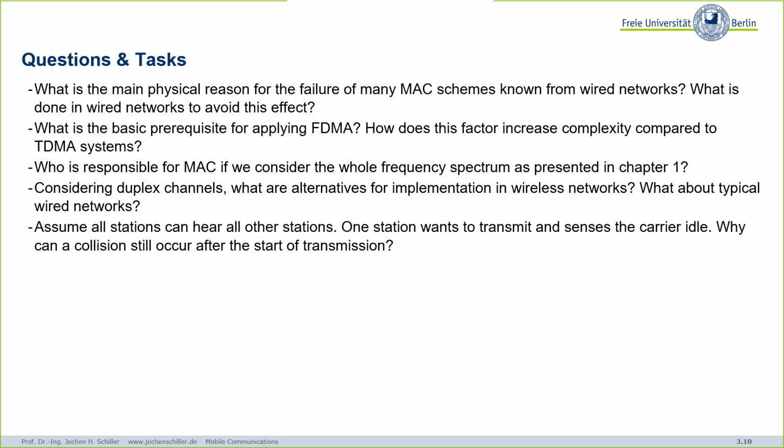Today, this is not always a good idea, because can you imagine why maybe we should not use symmetric up and down links? Any ideas? Think of the traffic characteristic.